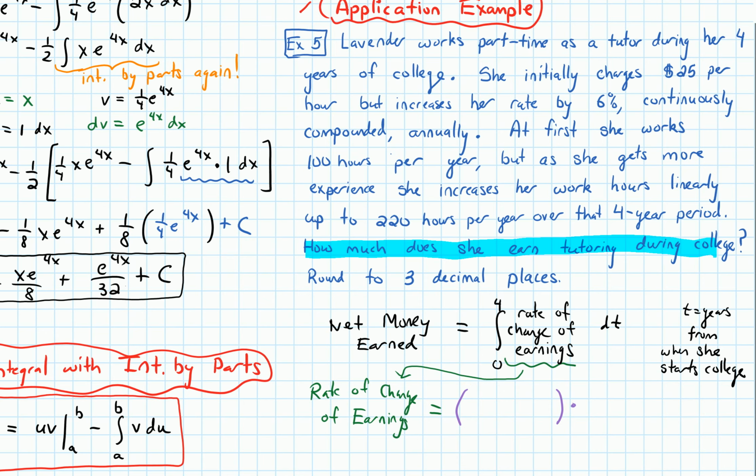We'll have to multiply the rate that she's charging, and then combine that with the hours that she's working. So on one hand, we will need to know her tutoring price, which is changing over time, and we will also have to multiply that by her hours working rate of change.